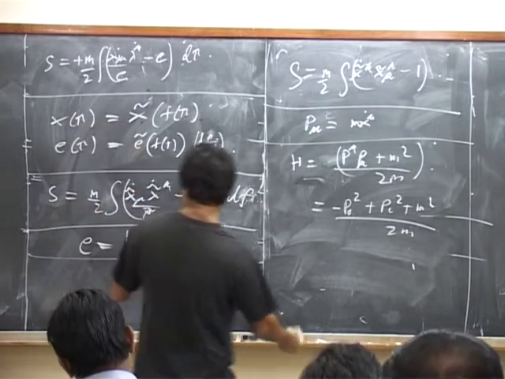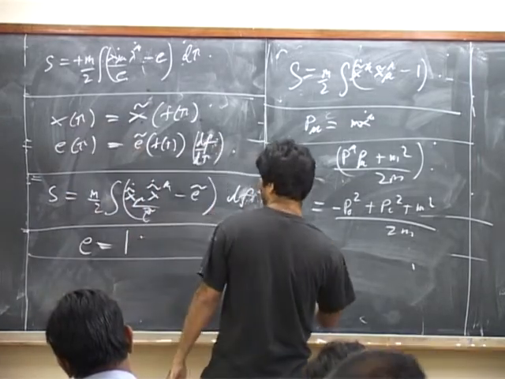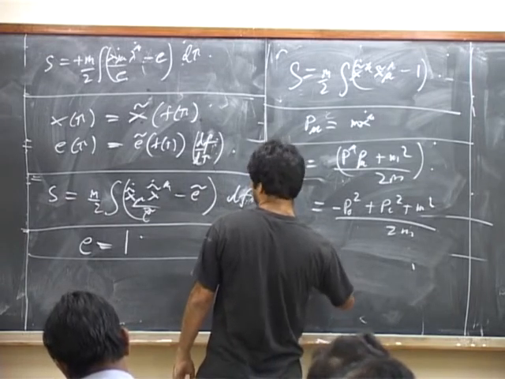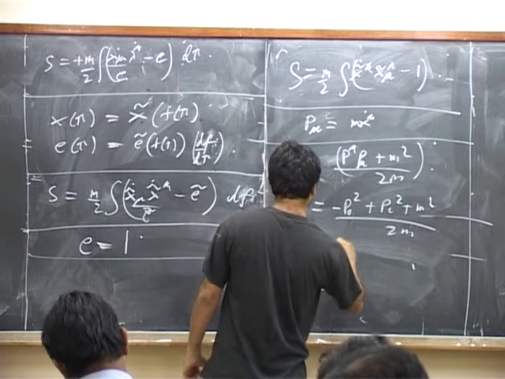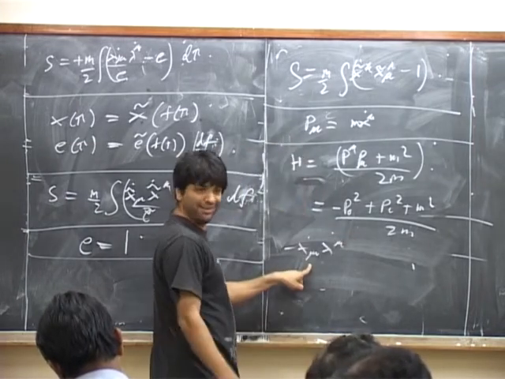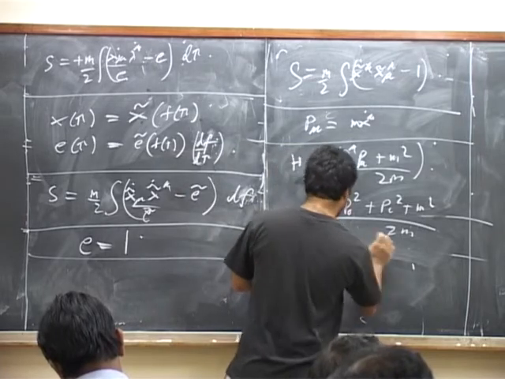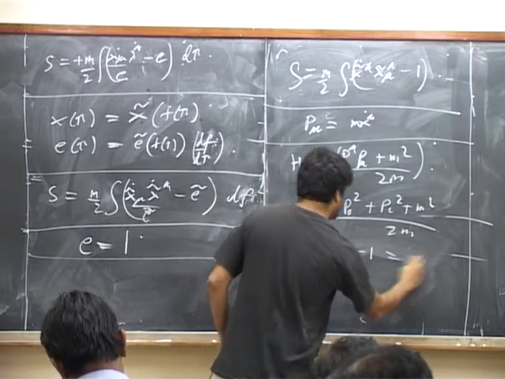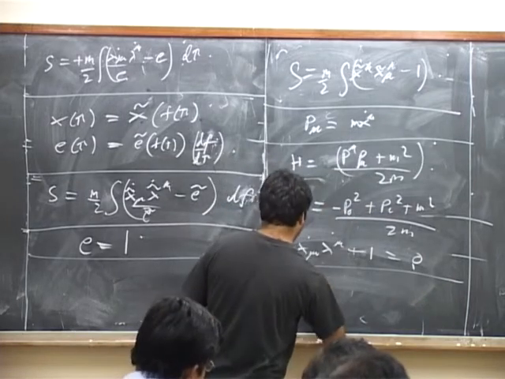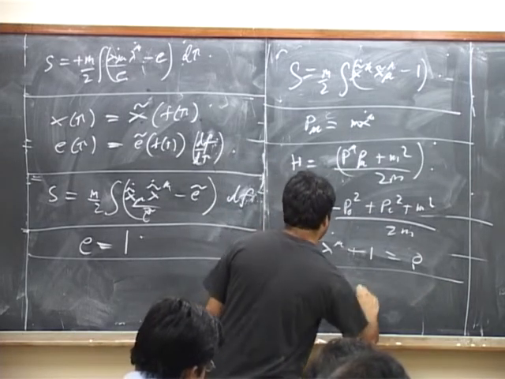But what was the equation of motion from E? The equation of motion from E was x mu dot x mu dot divided by E squared minus 1 equals 0, which you can easily see is our good old p mu p mu plus m squared equals 0.